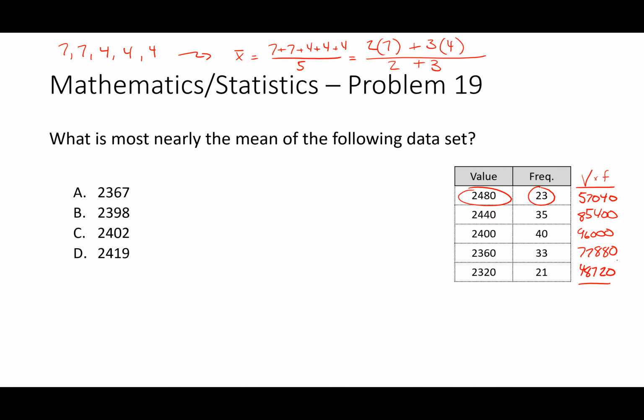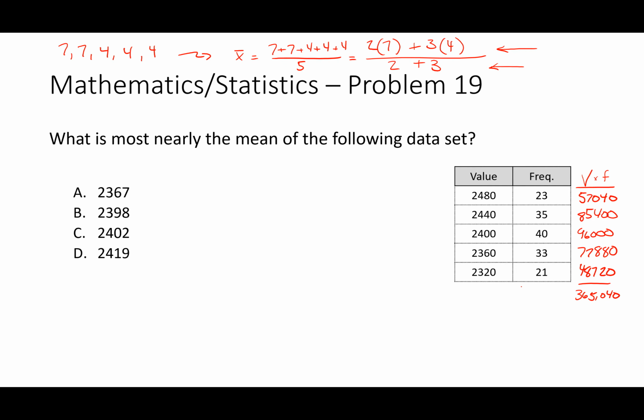And so I need some sums. I need the sum of this column I just wrote, which is kind of big, but it's 365,040. Which one am I going to use? Am I going to use this column or this column? The answer is I'm going to use this column because, look at the analogy up here. This is the product, and down here, that's the frequency, the number of times those elements showed up.